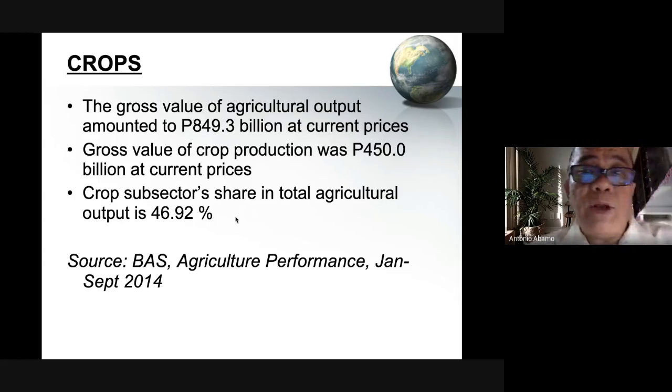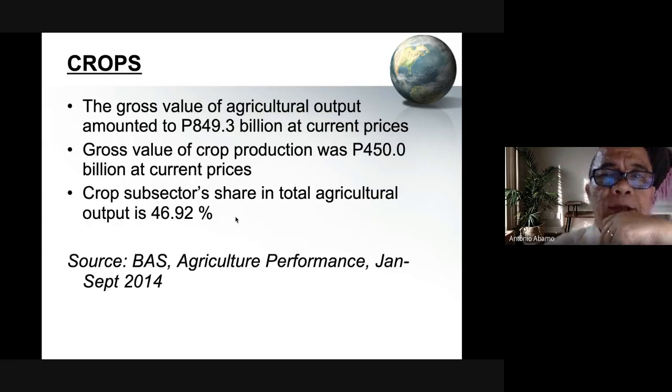Now, the gross value of crop production was 450 billion at the current price, because at current price there is also an adjustment in terms of the value. Now, the crop subsector share in agricultural output is 46%.